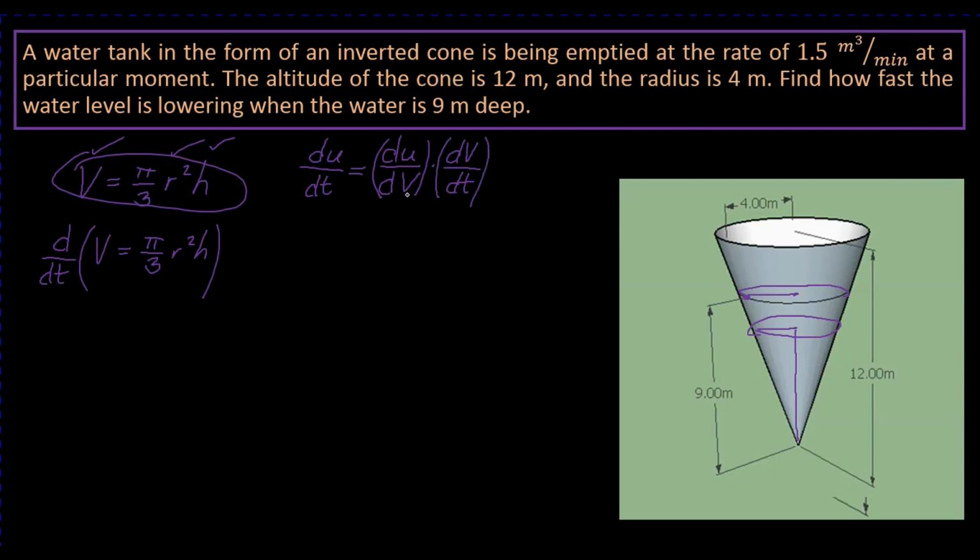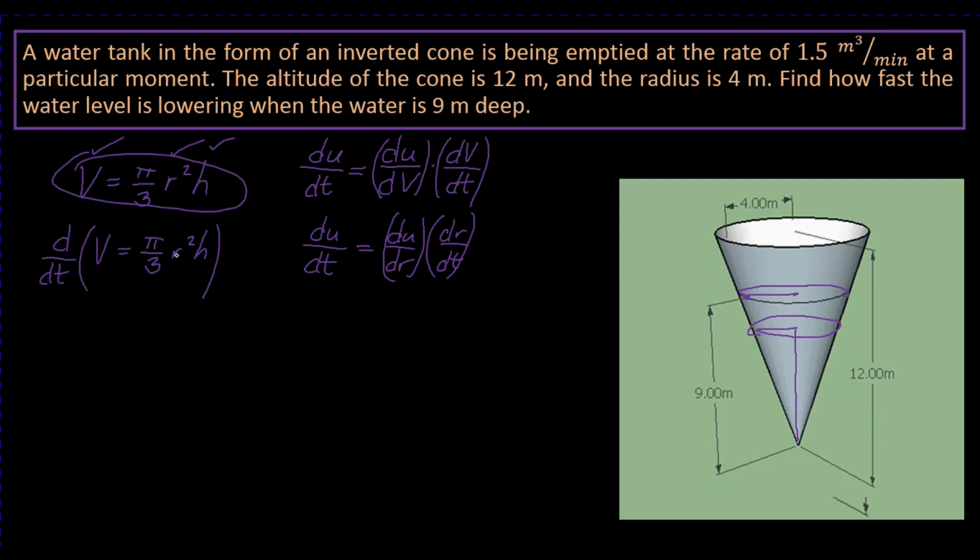Also, other than v, we also have r and h. So du over dt will also involve, other than the variable v, the derivative of the function with respect to the radius, and then the derivative of the radius with respect to time. That will also be applied for h.